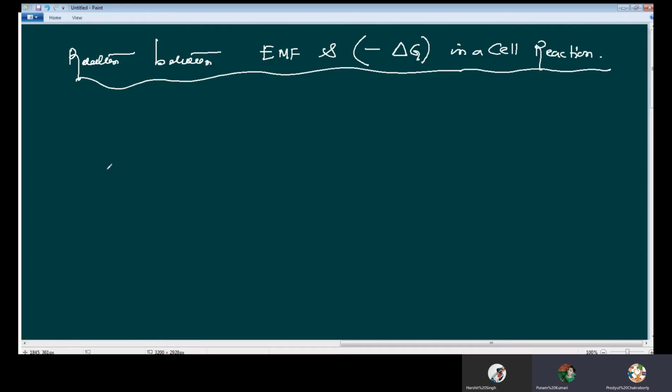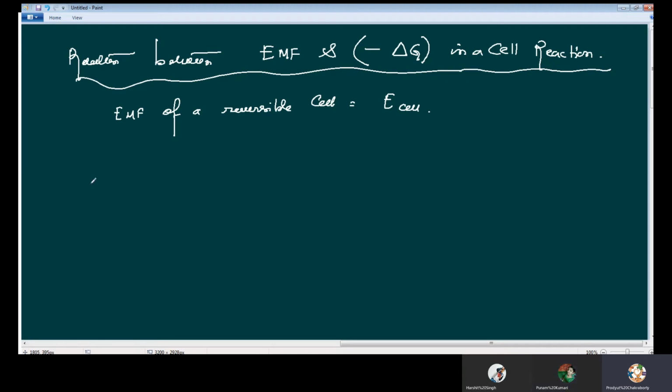Let the EMF of a reversible cell that we are taking be E cell.